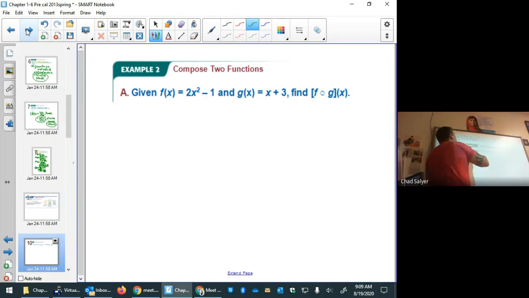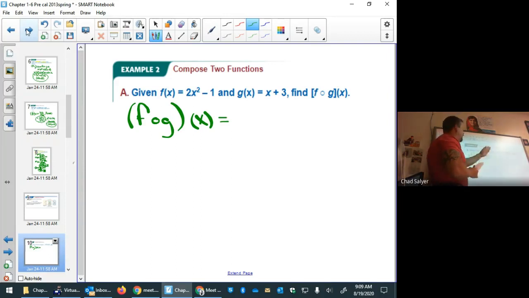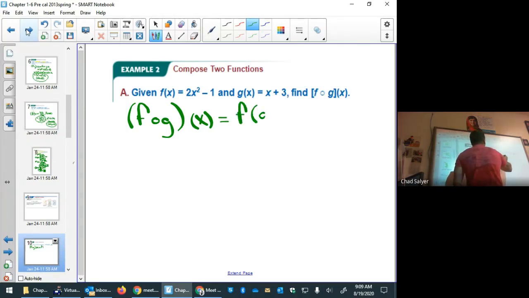So given f of x equals 2x squared minus 1 and g of x equals x plus 3, find f of g, notice the open dot, of x. So this is often called f compose g of x, but it's f of g of x. So that's f evaluated at g of x.